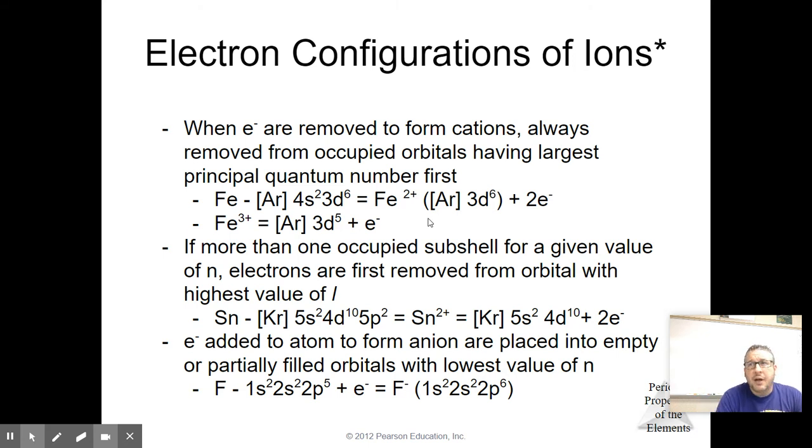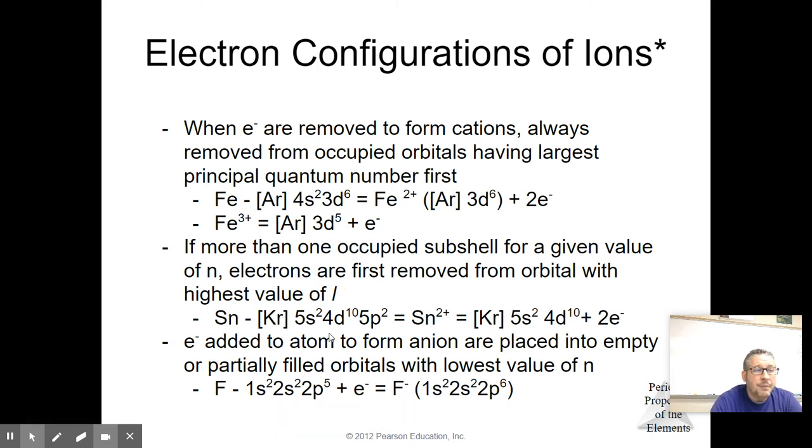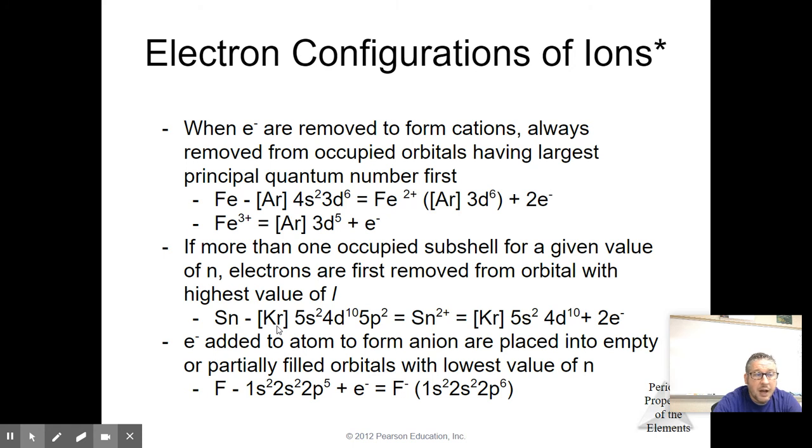But what happens if we remove electrons, but we also have an s and a p orbital occupied? If we look at tin, first of all, let's go back to the rule. If there is more than 1 occupied subshell for a given value of n, meaning if we have like 4s and 4p, electrons are first removed from the orbital with the highest value of l, which would be p, and then we'd move to s. So tin has a noble gas configuration of Kr 5s2 4d10 5p2.